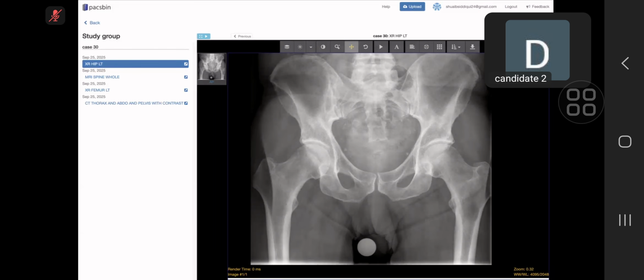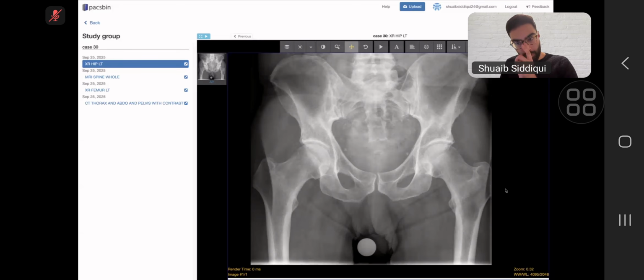Both sacroiliac joints appear normal, both iliac bones also appear normal. I couldn't appreciate abnormality within them. Both pubic rami also appear normal. The femoral heads appear normal.